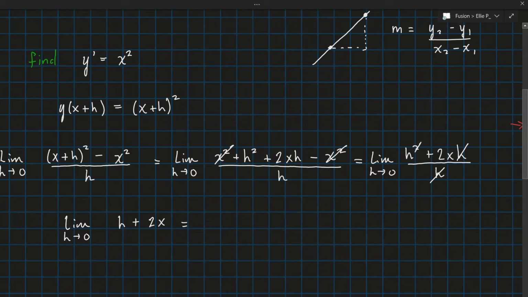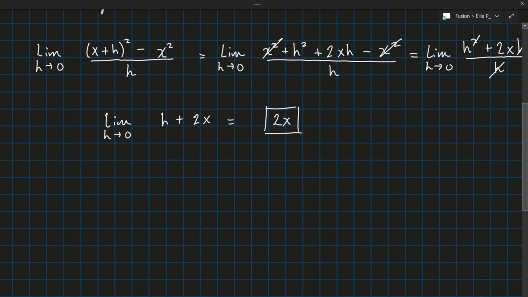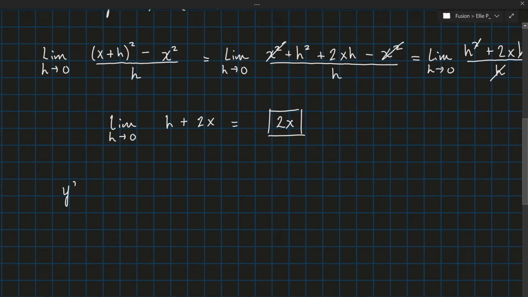And now if we plug in h goes to 0, well, then that's just 0 plus 2x. So it's 2x. And yeah, if y is equal to x squared, then 2x is the derivative of that.